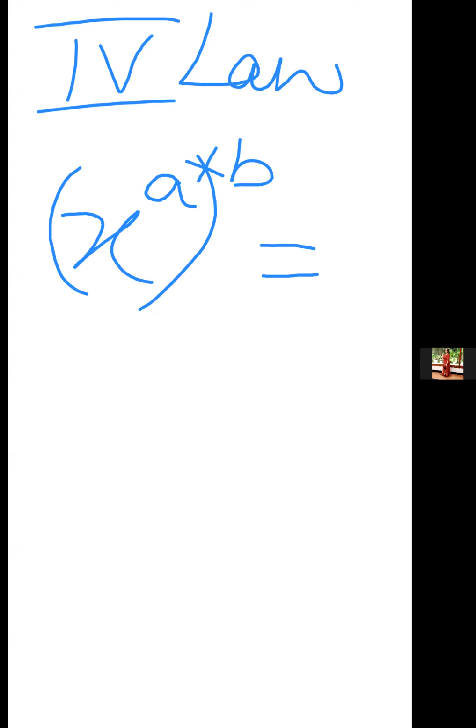One power is inside the bracket, other power is outside the bracket. So it means it will be multiplied. So x raised to power ab. Okay, write the law. Afterwards, I'll give you the example.